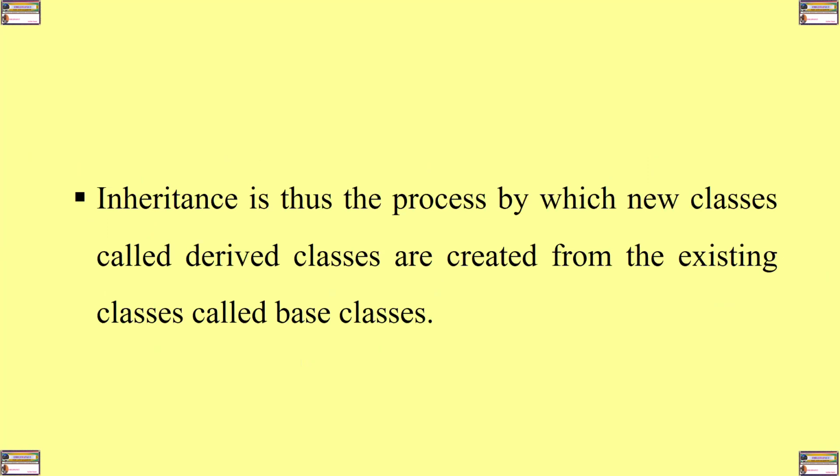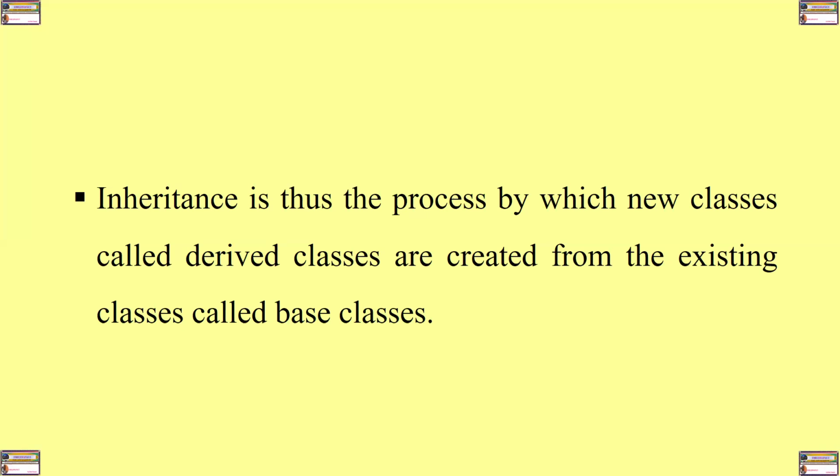Inheritance is therefore the process by which new classes called derived classes are created from the existing classes that we call base classes. Just as a reminder, when we talk about a base class, it is the class that contains the data members that the other classes are inheriting or reusing.